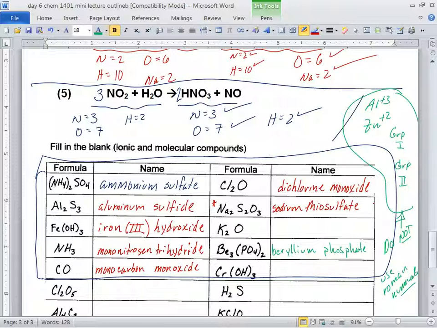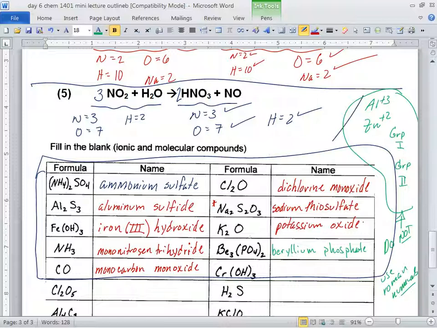Potassium oxide. No Roman numeral because that's group 1. And then this beryllium one is beryllium phosphate: B-E-R-Y-L-L-I-U-M, phosphate, P-H-O-S-P-H-A-T-E.